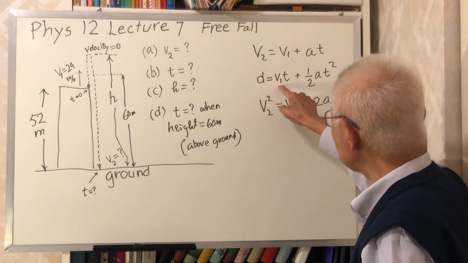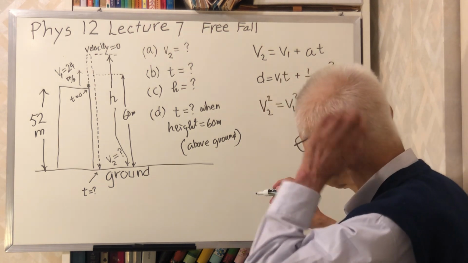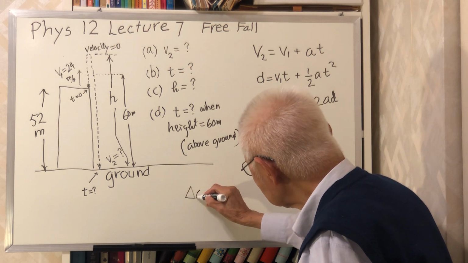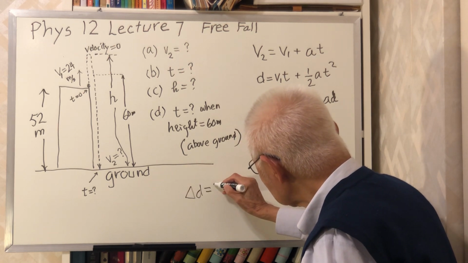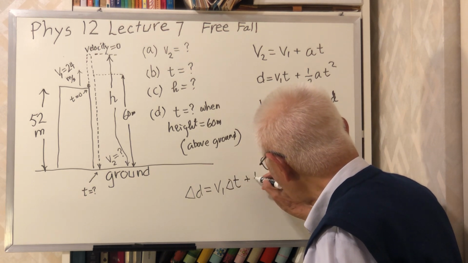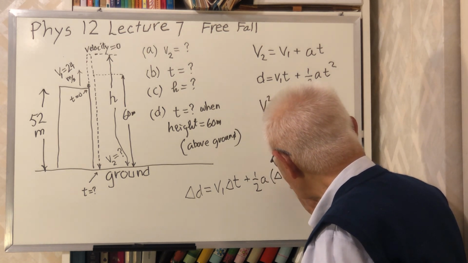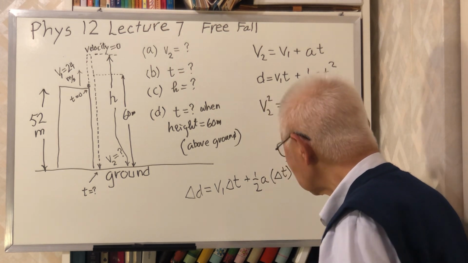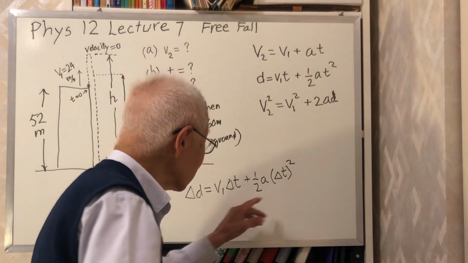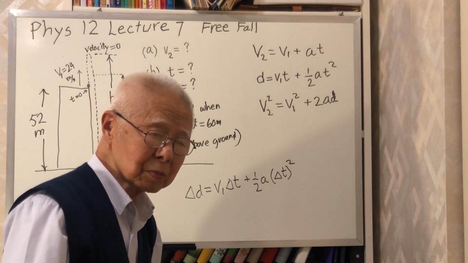Particularly for the second equation, there is a complication with delta t. In your textbook, delta d equals V1 delta t plus 1/2 a, and don't you see that the delta t has to be in brackets?